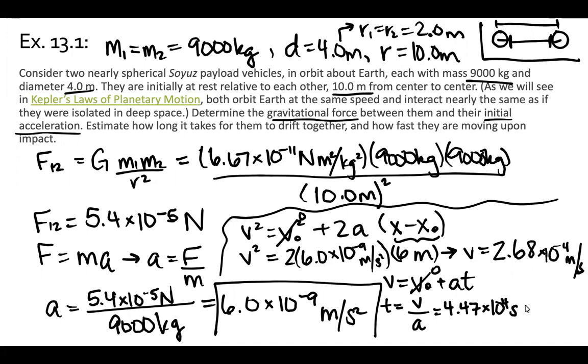Or we can put that into hours. For 1 hour, there's 3,600 seconds, right? So divide that by 3,600, and we get 12.4 hours.